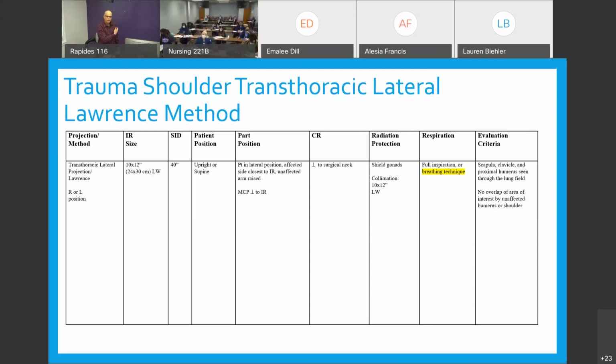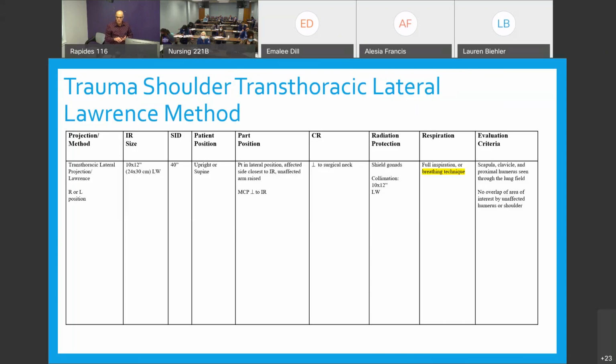So when you're standing like this, the injured arm is pressed to the vertical. It's not moving. The thorax is moving because you're breathing. So all of this will blur out and you get a beautiful picture of the proximal humerus. And it requires a long exposure time and a very, very low mA station.